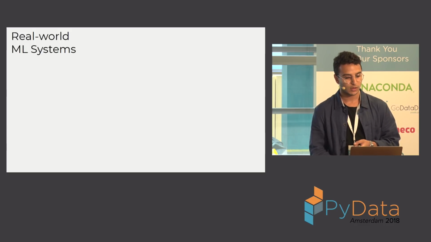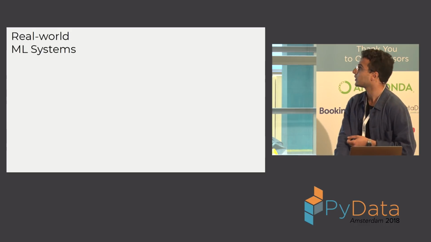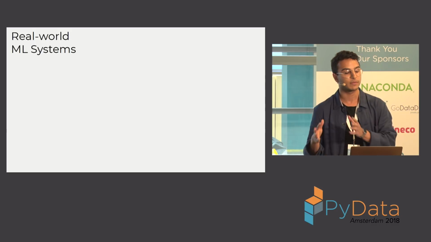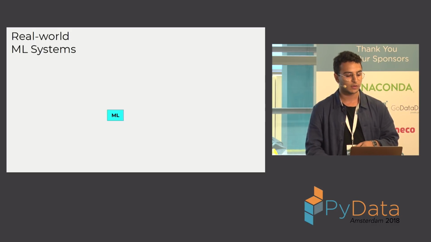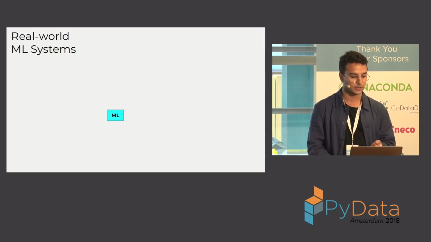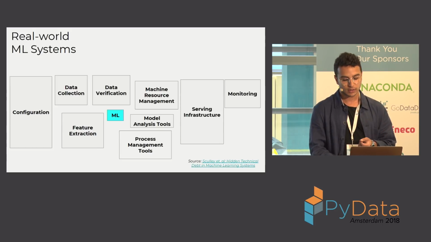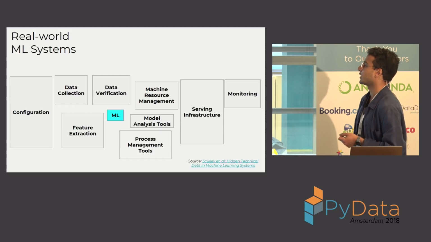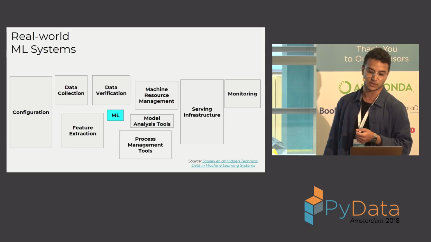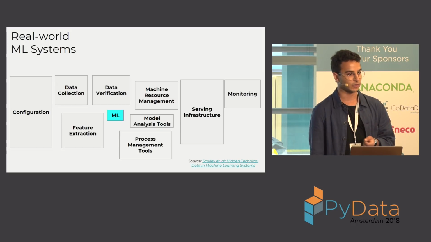And let's start by defining what is a real-world machine learning system. This is something that we also encountered, that we kind of simplify what data scientists are doing. So we have this nice machine learning block where we do the actual modeling. But in fact, we also have a lot of other things to care about, like the data verification, like the resource management, process management, and so on.